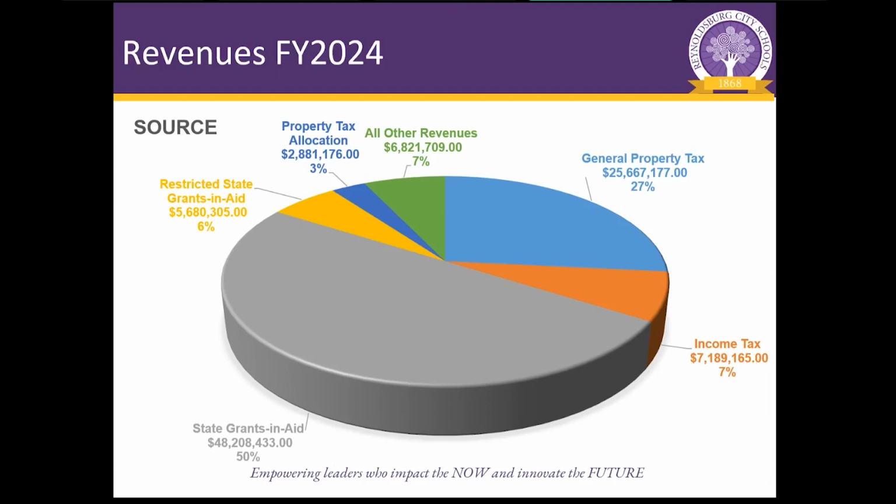And then the other sources of revenue include tax increment financing, or TIFs. You may be familiar with the Taylor Square shopping plaza and the Home Depot. The district receives TIFs, or payments to the district in lieu of the taxes that those organizations would have to pay.